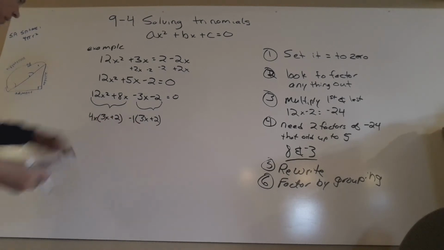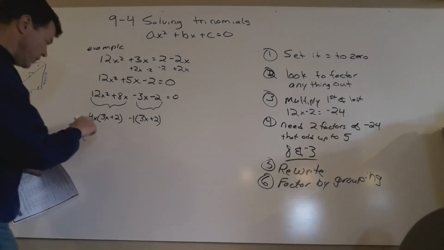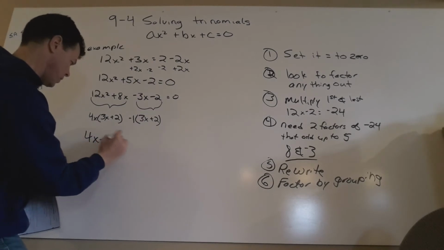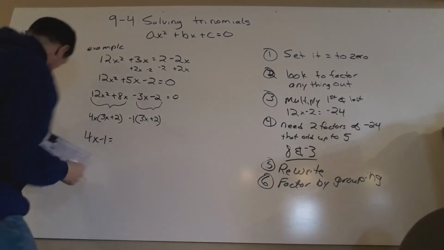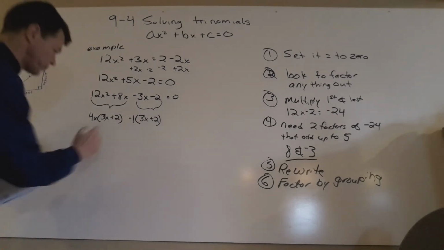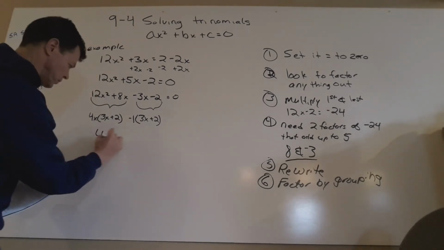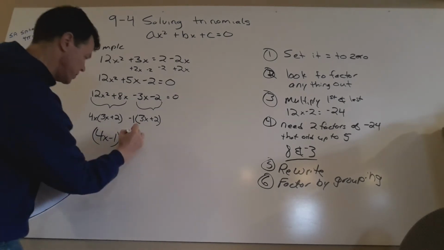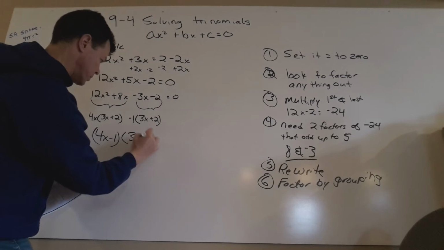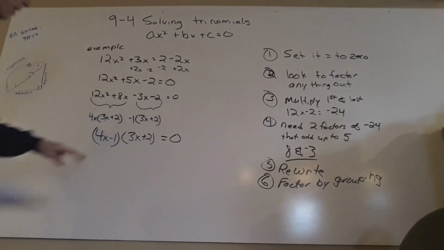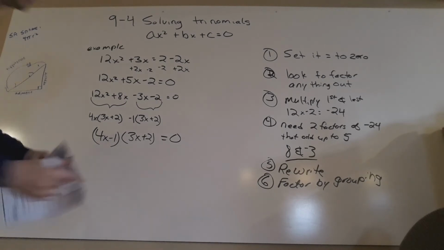All right, here's what we have to work with. 4x minus 1 and 3x plus 2 equals 0. All right, now we just solve for x. That's step 7, solve for x.